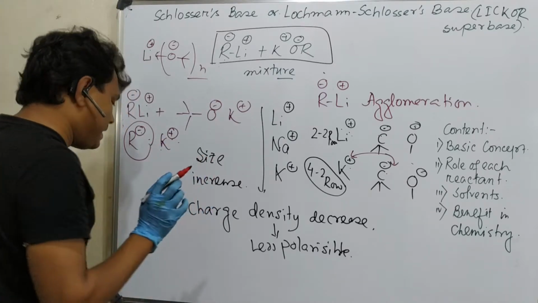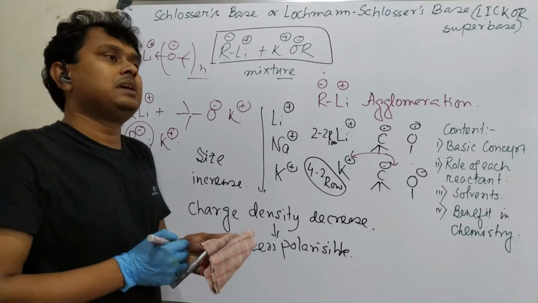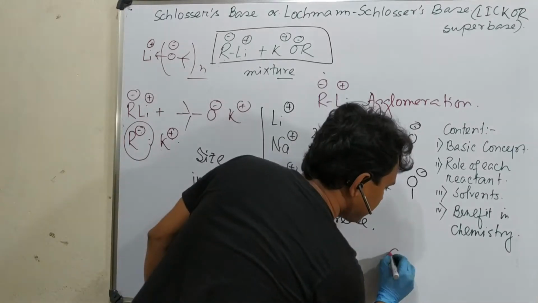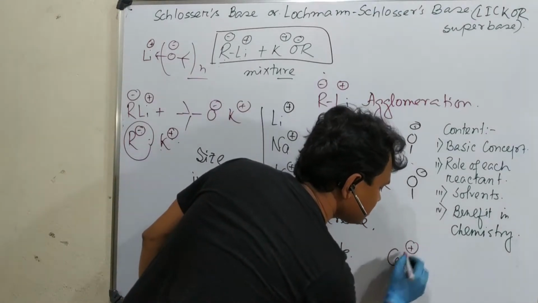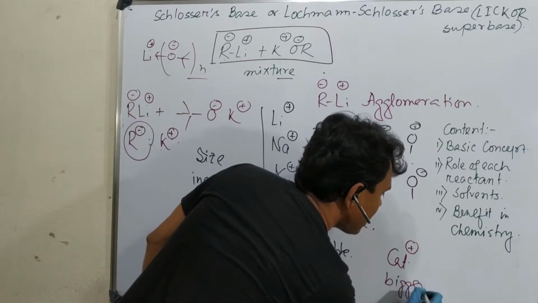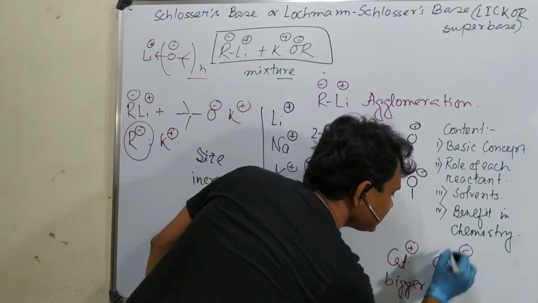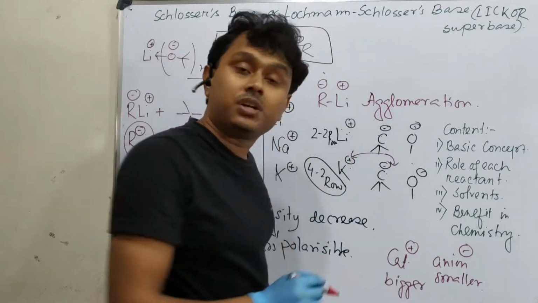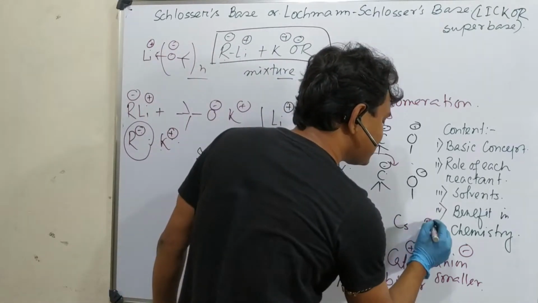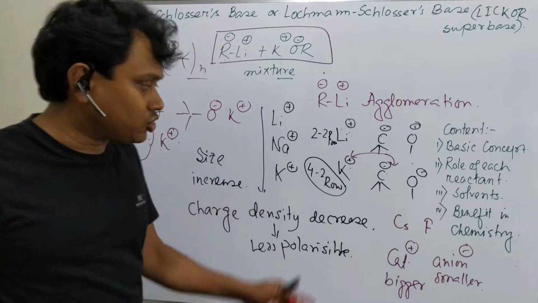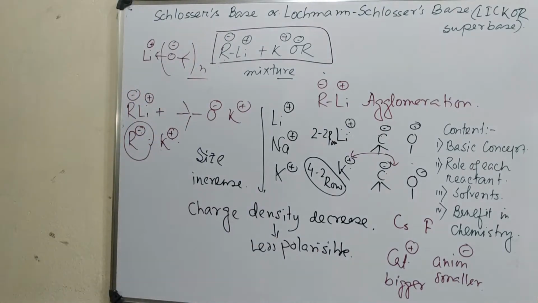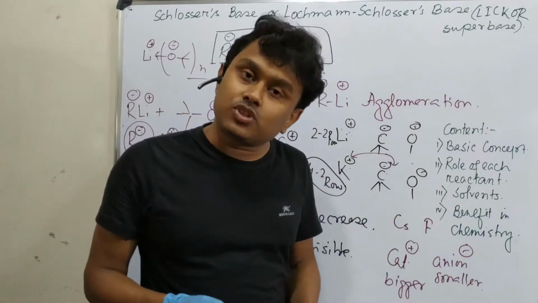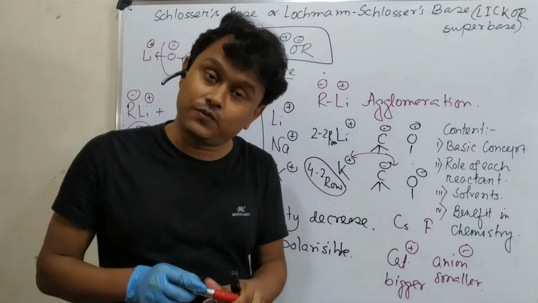In this concept you should know that if we think about the ionic nature, if the cation is bigger and the anion is smaller, then the packing is efficient. For example, cesium fluoride: fluorine is a second row element, and cesium is at the end. When you add an extra electron on fluorine, its size increases significantly.